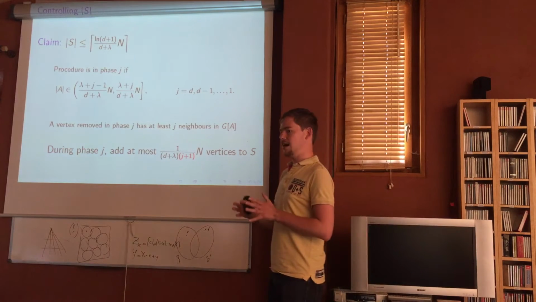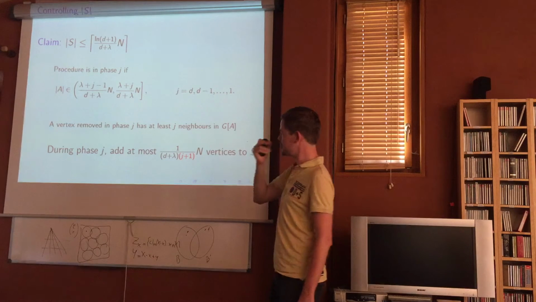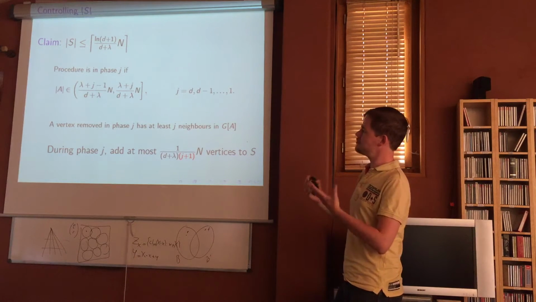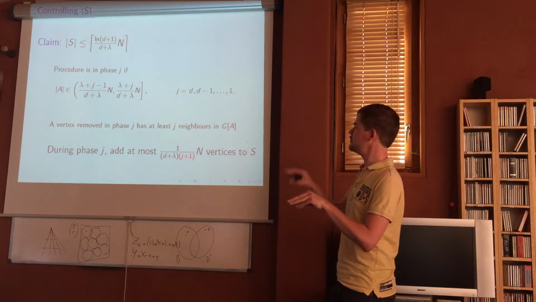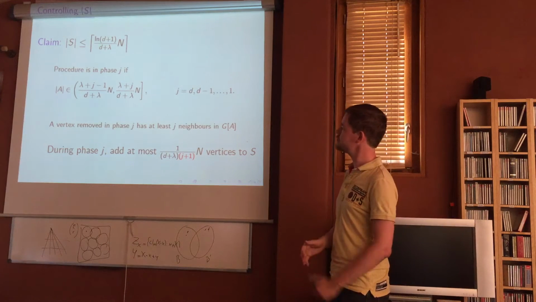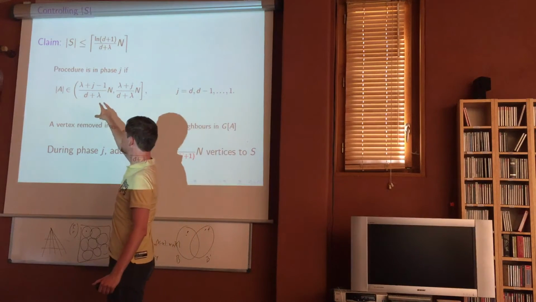So we chop up time into parts, and we say that the procedure is in phase j if you are at the Hoffman bound plus something depending on j, and a little bit more. The Hoffman bound again is this lambda over d plus lambda.